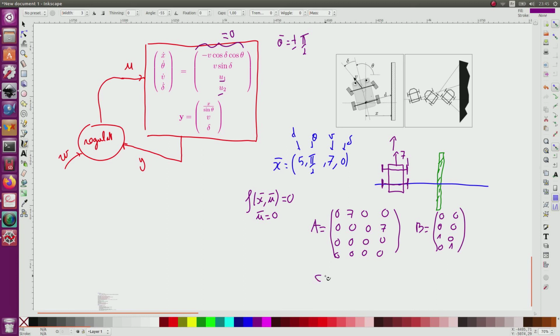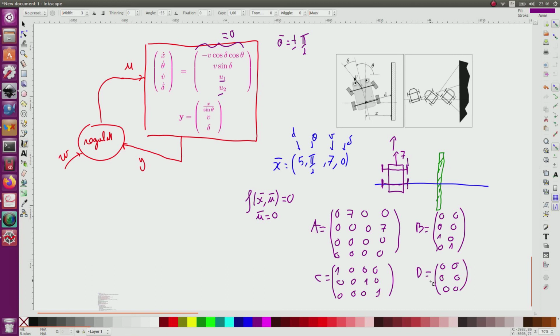For C, since I measure, if I linearize, I will obtain 1, because here I have x, 0, 0, 0, 0, 0, 1, 0, 0, 0, 0, 1. And for D, of course, it will be the matrix with only 0.